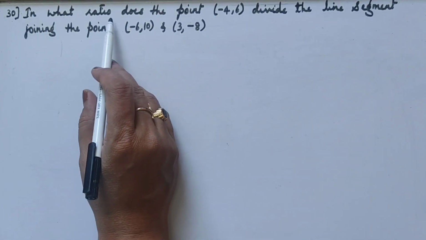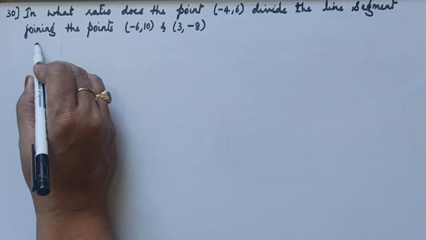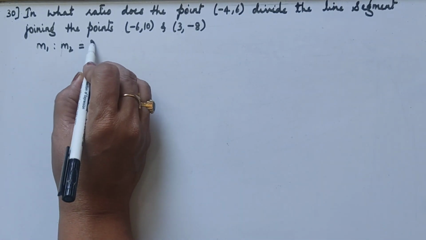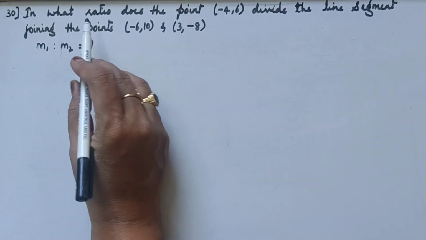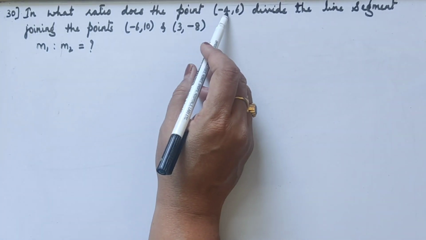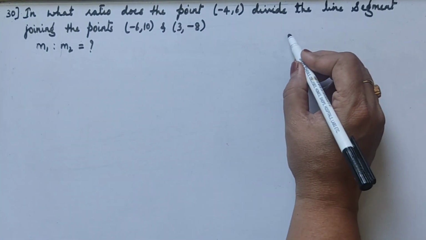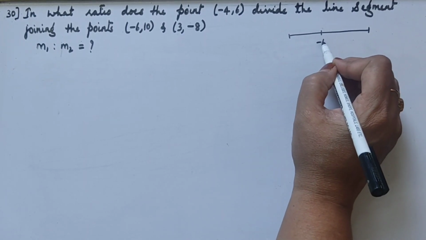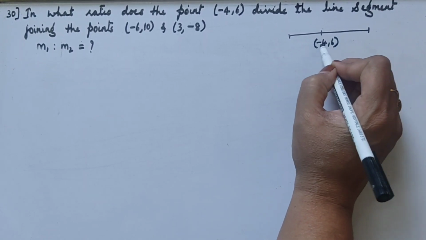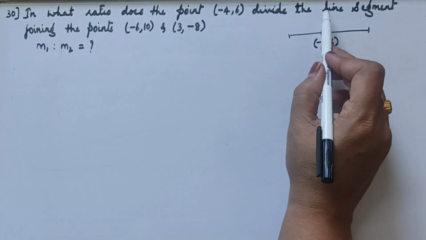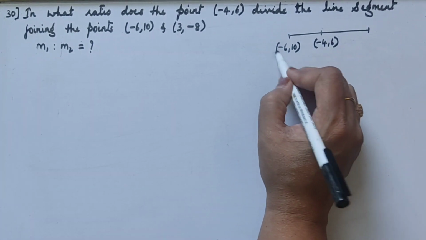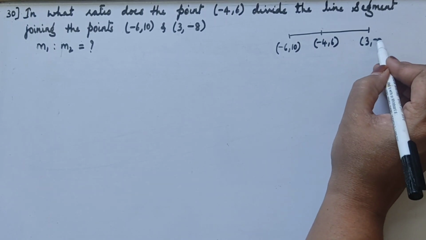In what ratio does the point divide the line segment? So we need to find out m1, m2. This is what we need to find. In what ratio does the point minus 4, 6 divide a line segment? Students, this is a line segment. So minus 4, 6 divides the line segment joining the points minus 6, 10 and 3, minus 8.